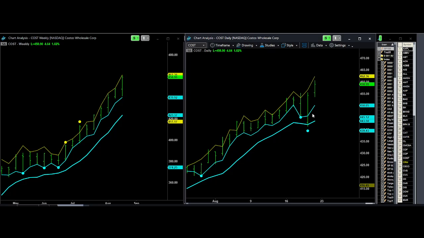For example, this trend line price is 445.48, and this price is 441.94, so it's basically 442.